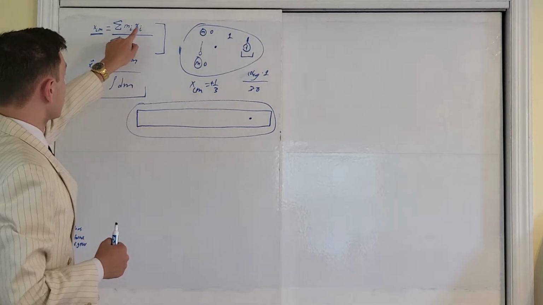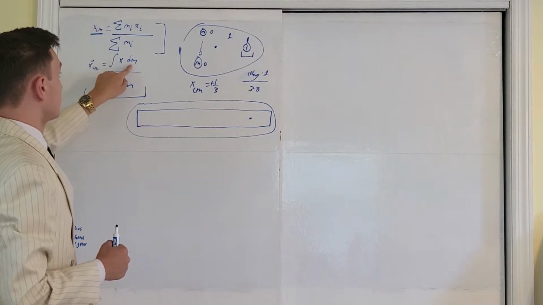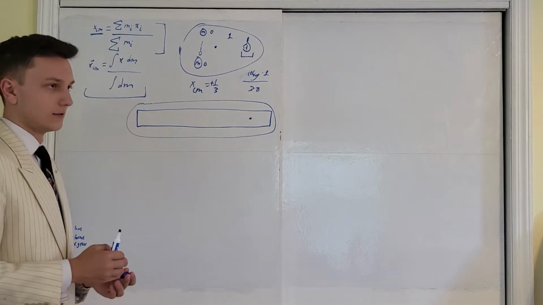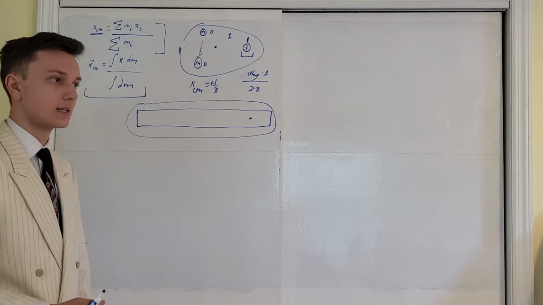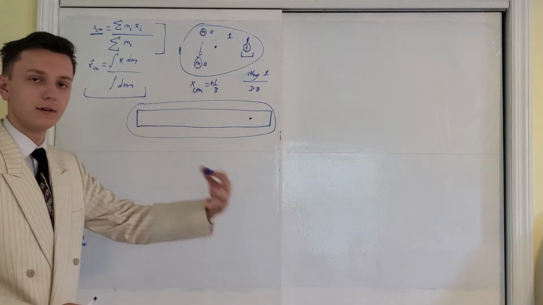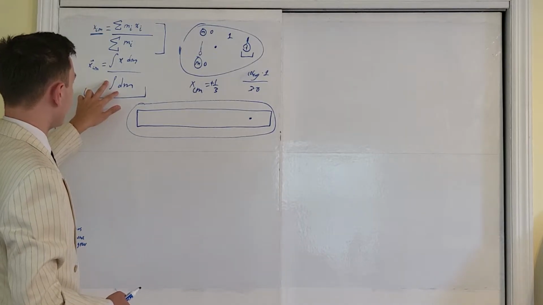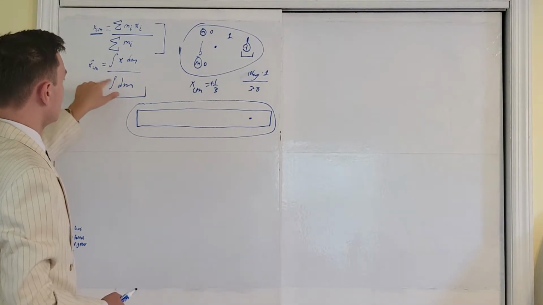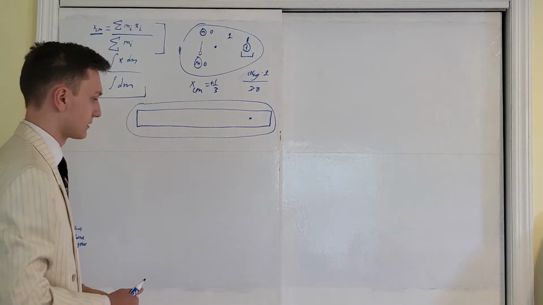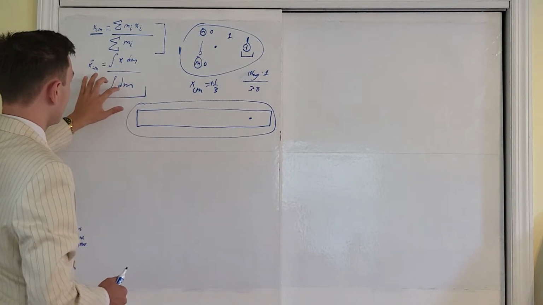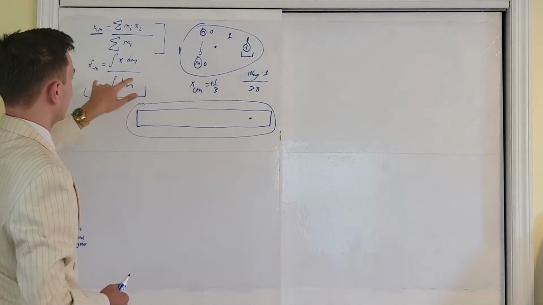We had x multiplied by mass here, and we have x multiplied by mass here. If you remember what a mass differential is, it is an infinitely small mass. So we're taking an infinite sum of infinitely small masses divided by the total mass, which means the infinite sum of all the mass differentials. So the denominator is your total mass in both cases.